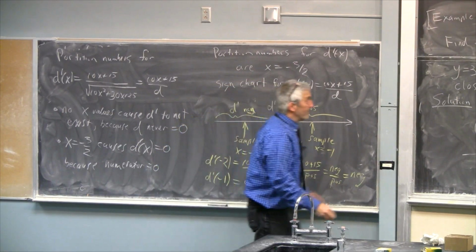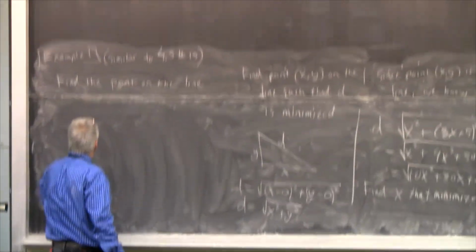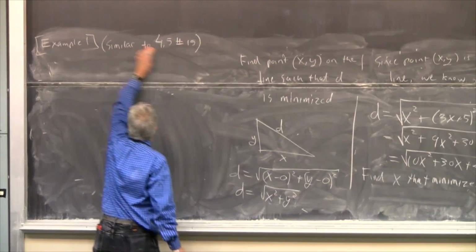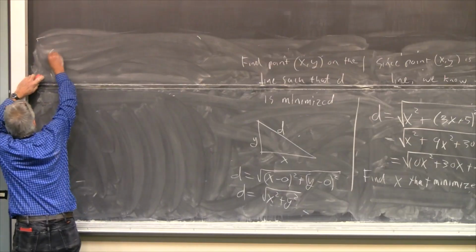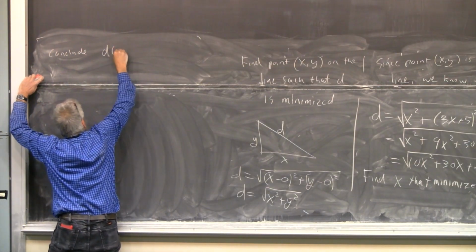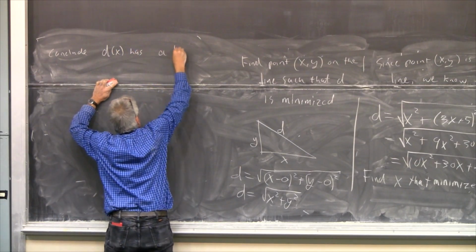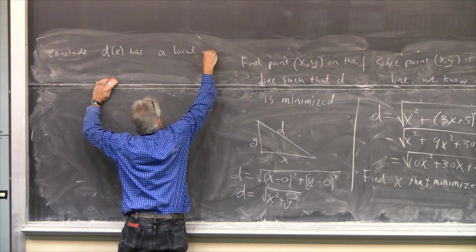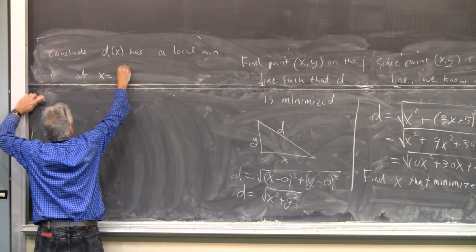Okay, so that tells us that there is a local min. We see that d of x has a local min at x equals -3/2.